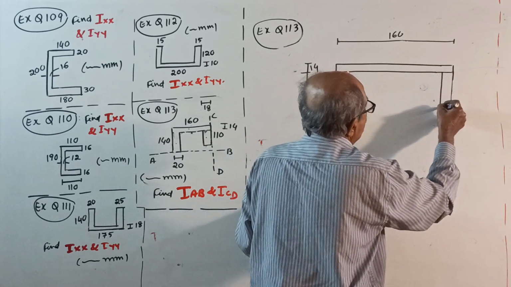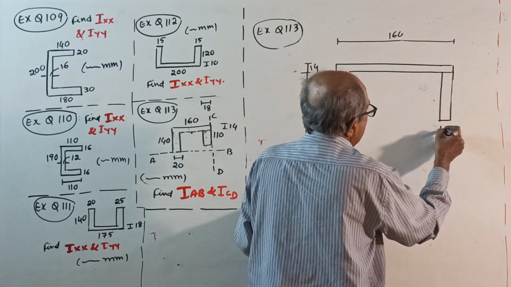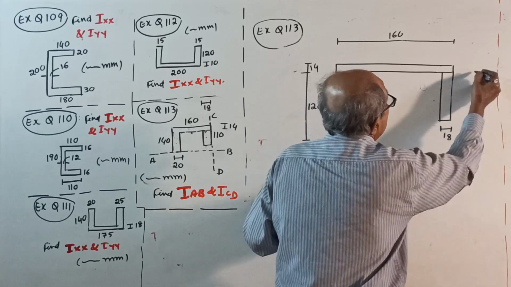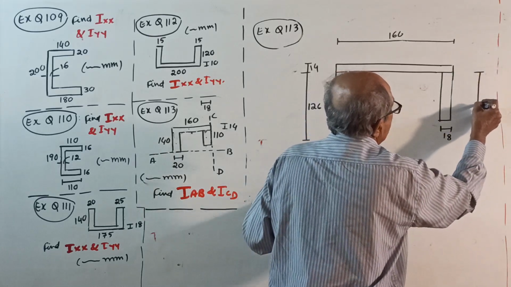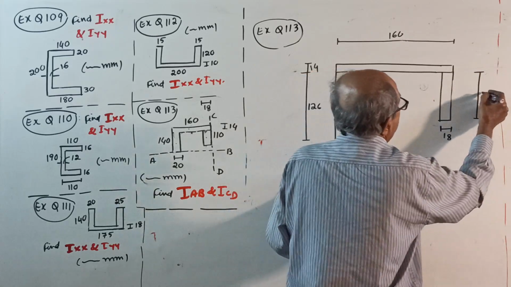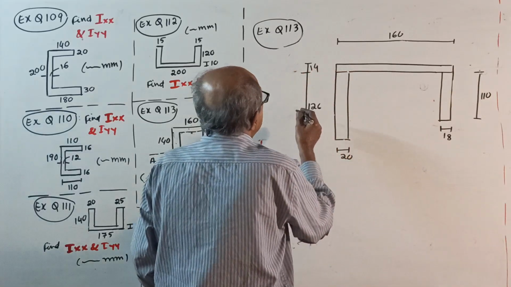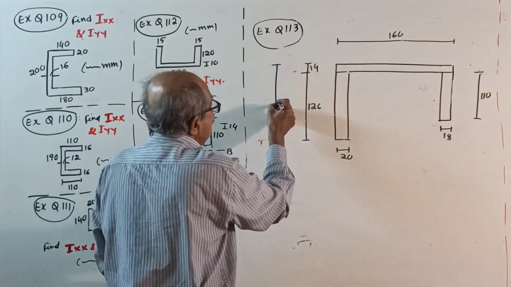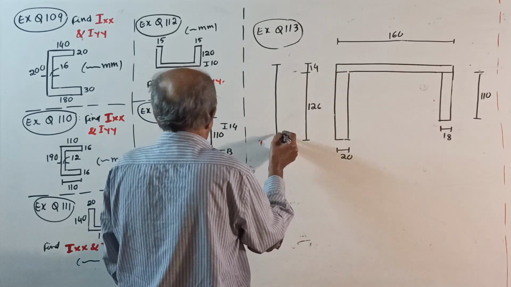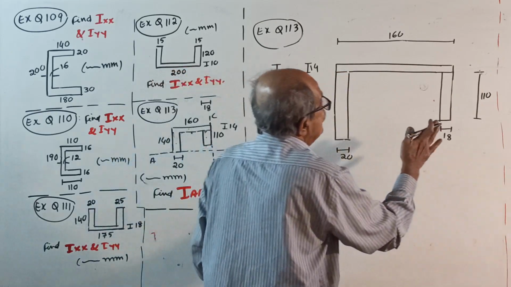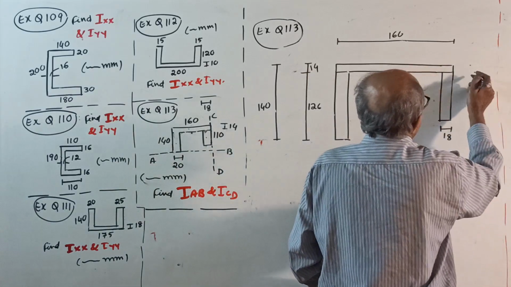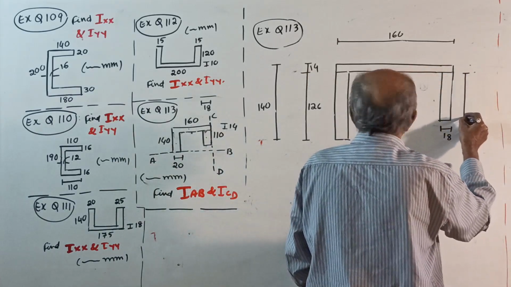No problem. I will write here thickness 18. This depth of the rectangle I will write 110. This thickness is known there. And also I will write this total is 140. Here space problem is there. I will write this is 110. No, not 110. How much is it?